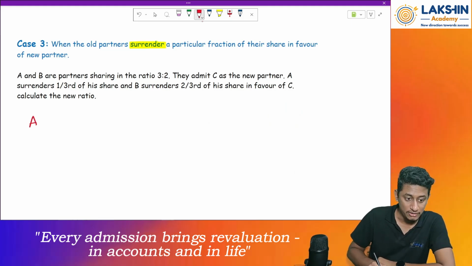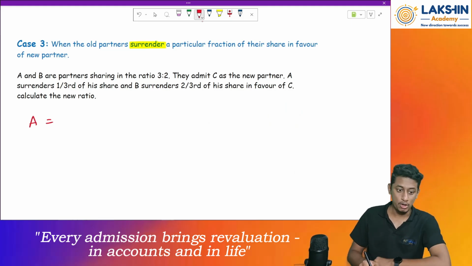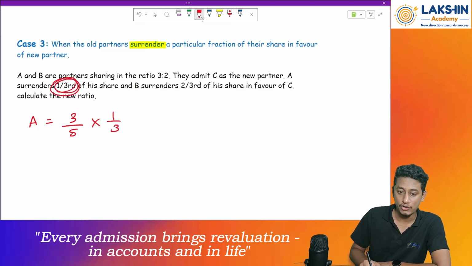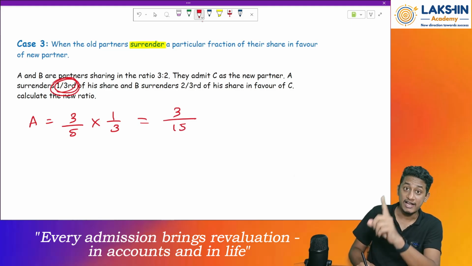First of all I need to find out the sacrifice ratio. How to compute this? 3 by 5 was the old ratio, multiplied by the surrender ratio of A, which is 1 by 3. That gives 3 by 15 as the sacrifice ratio.